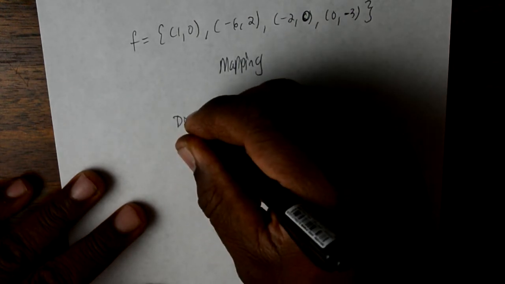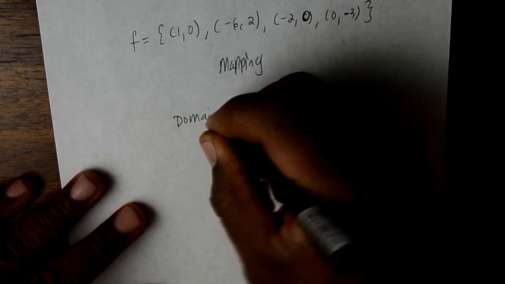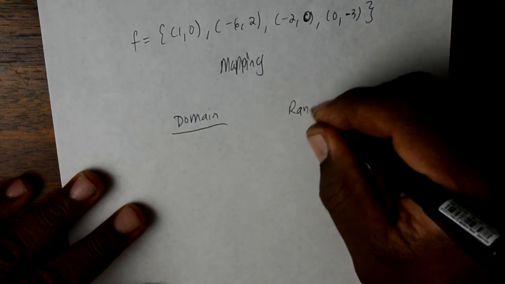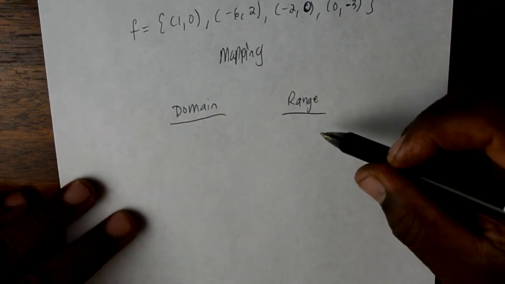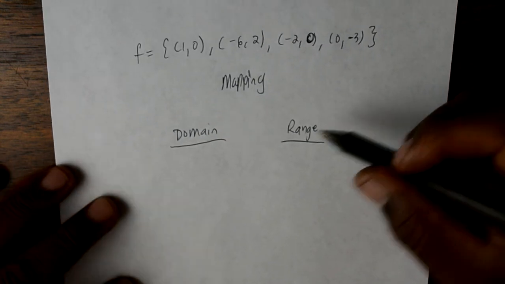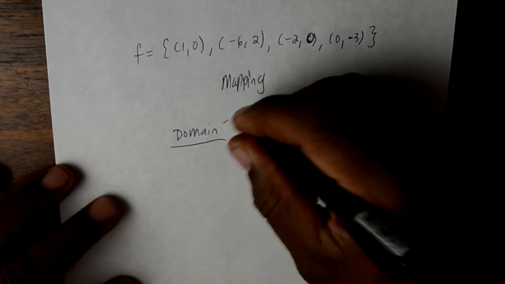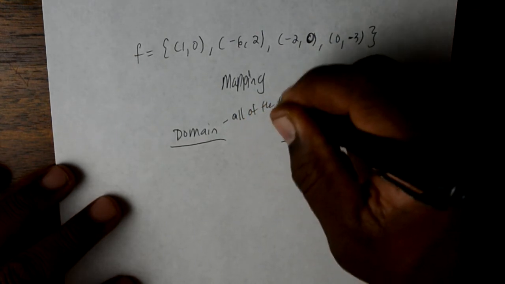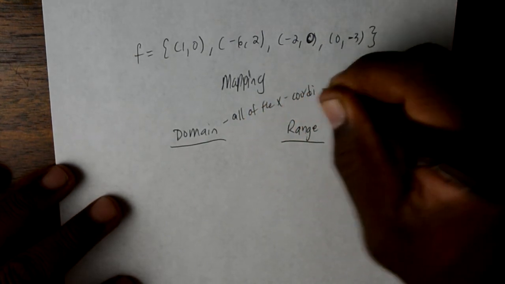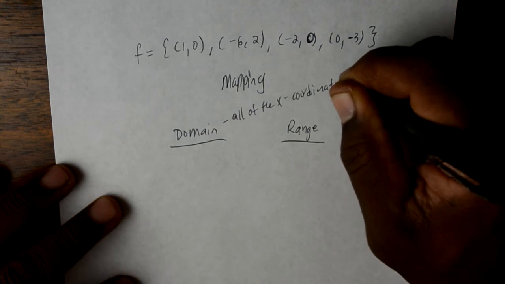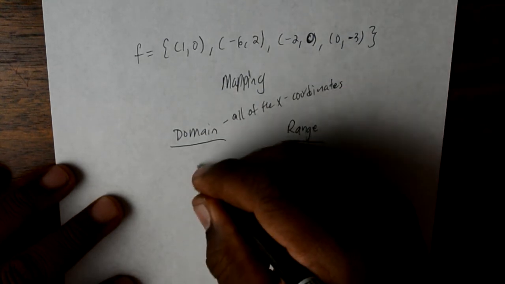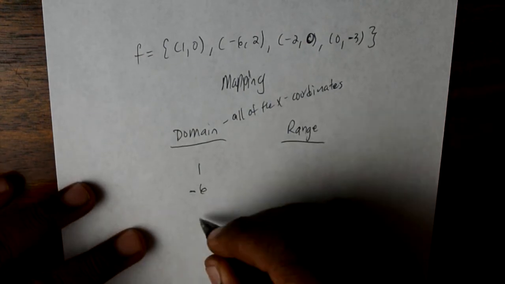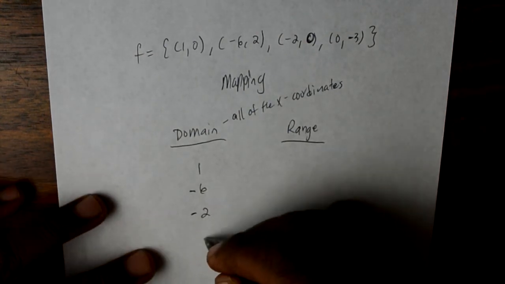So here I'll make two columns. In my first column I'll have the domain values, and in the second column I'll have my range values. The domain values would be all of the x coordinates. So my domain would be 1, -6, -2, and 0.